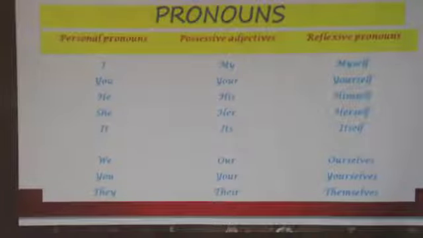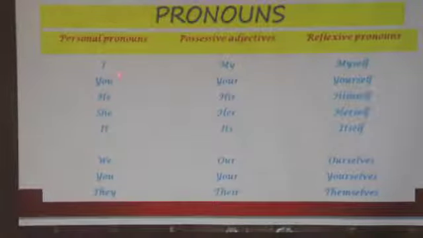Yes, pronouns. So in the following exercise, we're going to see the difference between personal pronouns, which are in the first column. Okay, so here you are. You have I, you, he, she, it.